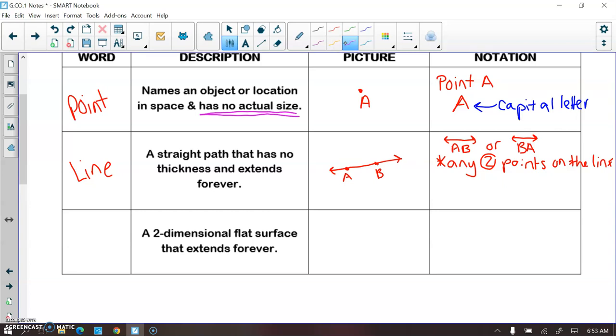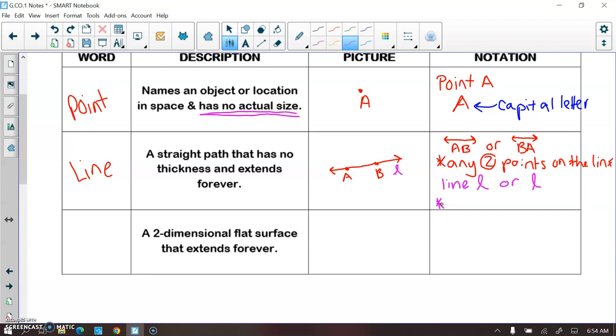Sometimes you may see a little italicized lowercase letter on one side of your line, and it doesn't matter which line. I am terrible at drawing italicized letters, so I'm going to draw just like a cursive L here. So you can name this line L, or just L. That stands for line L.